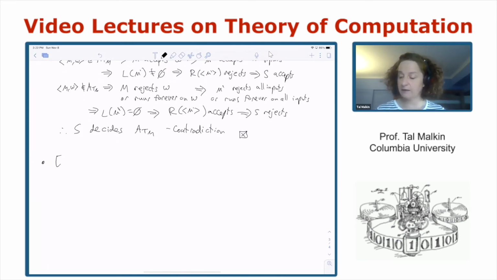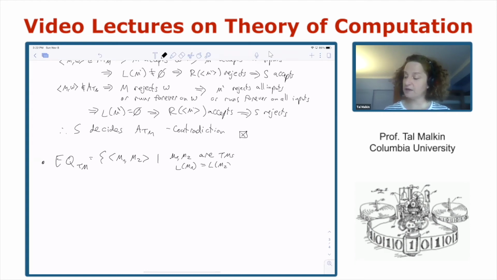Let's define the following. The equivalence problem for Turing machines is the set of all strings of the form M1, M2, where M1 and M2 are Turing machines that recognize the same language, L of M1 equals L of M2.